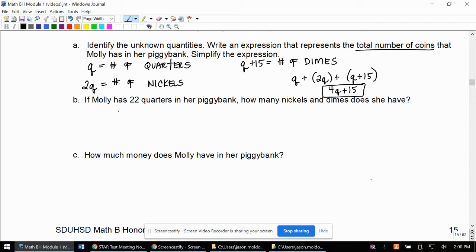If Molly has 22 quarters in her piggy bank, how many nickels and dimes does she have? So nickels was 2 times 22, which is 44 nickels. And dimes was 22 plus 15, which is 37.